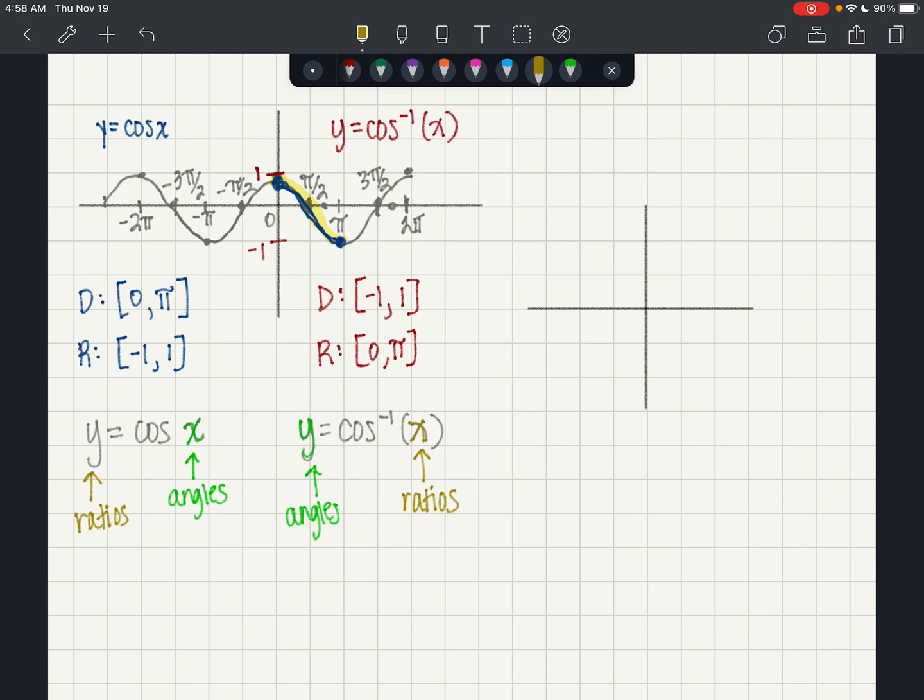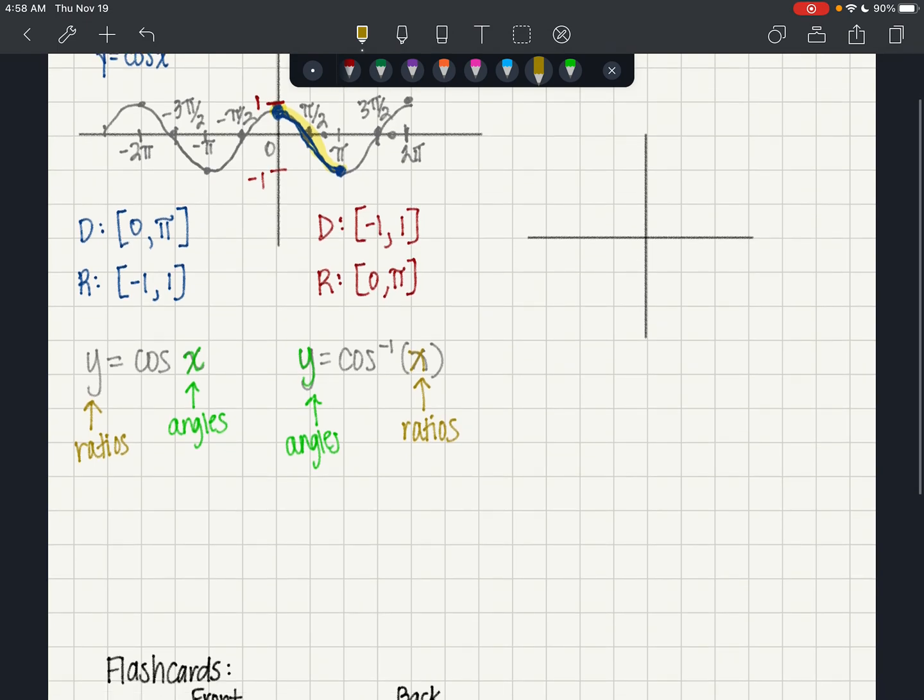So that's really, really important right here. This information is really important for you to try and absorb. There's another way that we can write the inverse function. We can write y equals the inverse cosine of x, or we can write y equals arc cosine of x. That means the same thing.